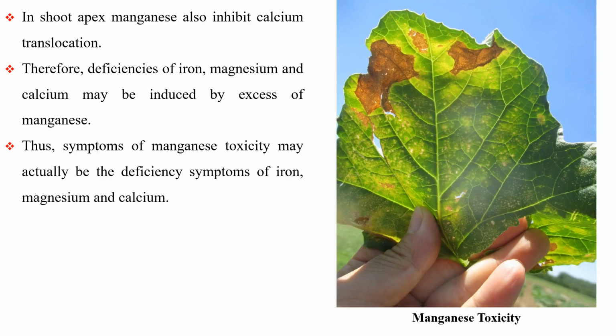In shoot apex, manganese also inhibits calcium translocation. Therefore, deficiencies of iron, magnesium, and calcium may be induced by excess of manganese. Thus, symptoms of manganese toxicity may actually be the deficiency symptoms of iron, magnesium, and calcium.